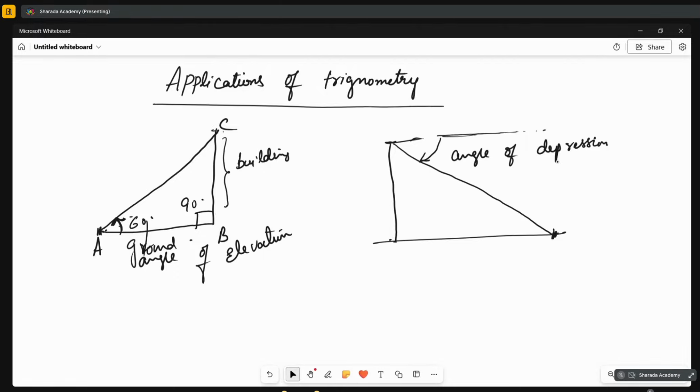So we use the applications of trigonometry everywhere, scientifically, in every place. Done, Sudiksha?